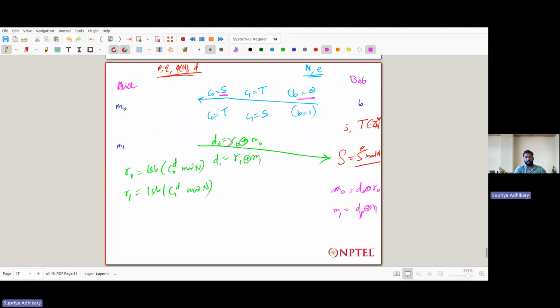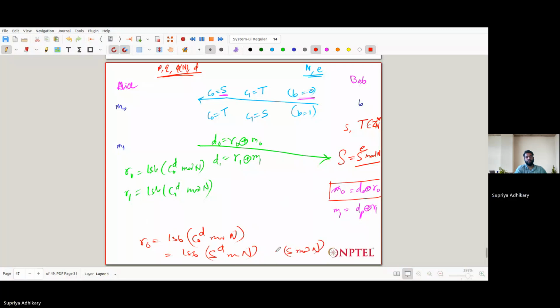Whatever Alice has computed over here, Bob can compute this value R0, which is the LSB of C0 to the d mod N, which is nothing but the LSB of S to the d mod N. Now S to the d mod N is nothing but s mod N. Now s was the value chosen by Bob, so Bob can easily compute R0 and compute M0.